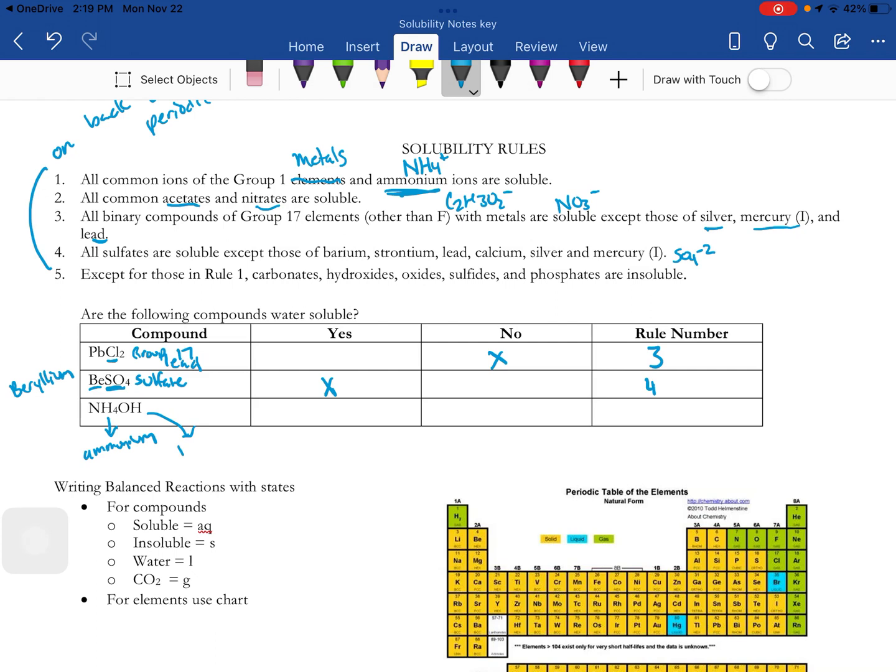That is hydroxide. So you could either use rule 1, which tells you ammonium is soluble, or you could use rule 5 that says except for those in rule 1, hydroxides are insoluble, but since it's in rule 1, that works as well. The main one is rule 1.